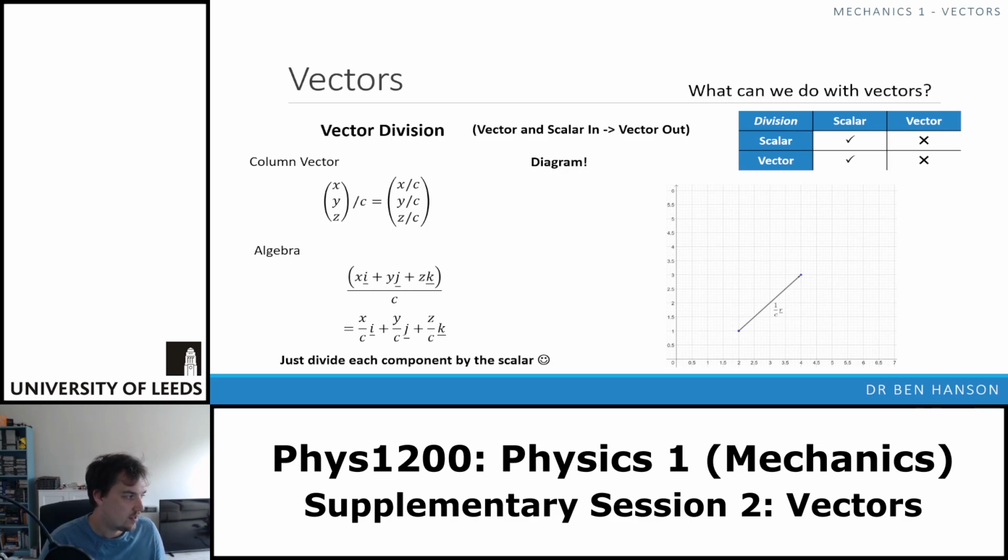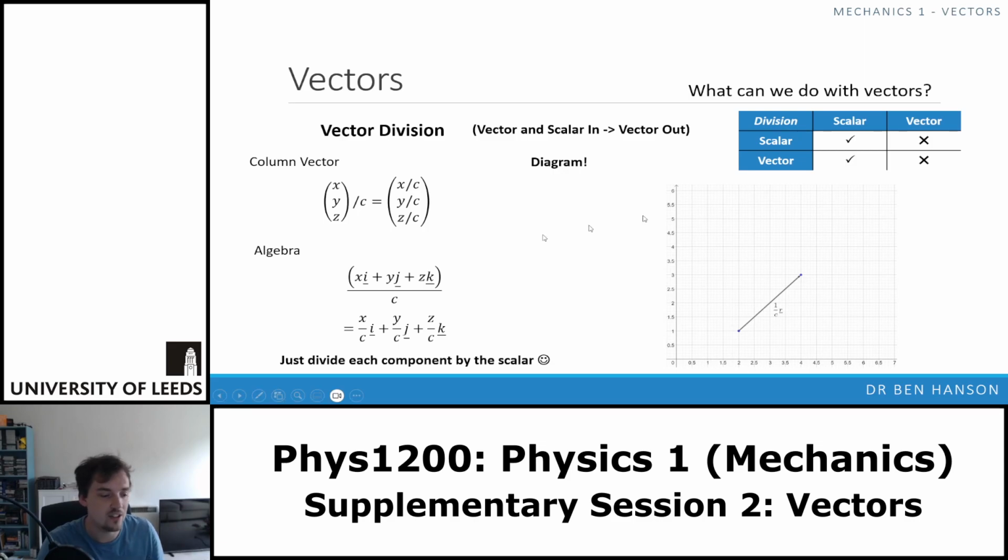Because the cross product defines a vector in a perpendicular direction, none of A and B are inside A cross B, because it's in a completely different direction. So dividing a vector by a vector in terms of the cross product makes no sense at all. So we can't divide a vector by a vector. That operation also makes no sense. So with vector division, really all we can do is vectors divided by scalars and scalars divided by scalars.